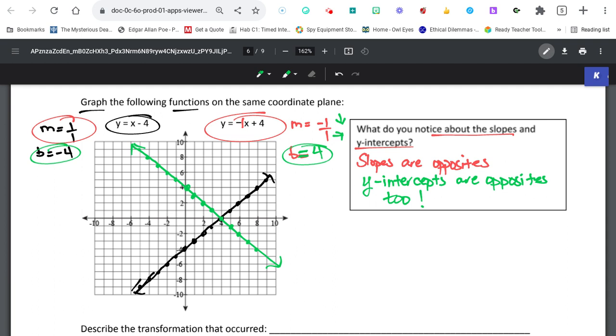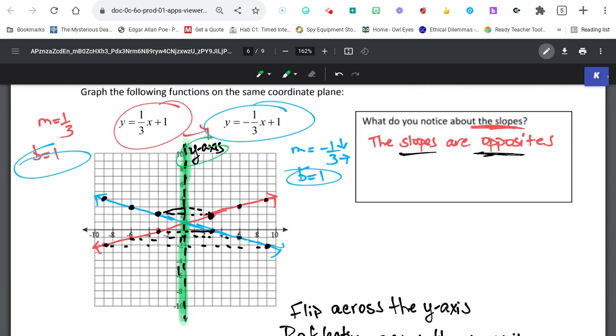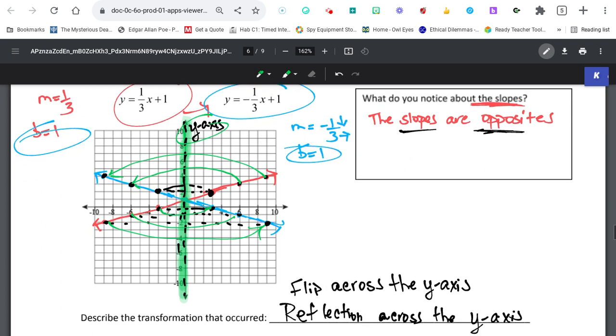Okay? So let's talk about what's happening when you change both the slope and the y-intercept to their opposites. In the last example, it was flipped across the y-axis. These points were just flipped over here.